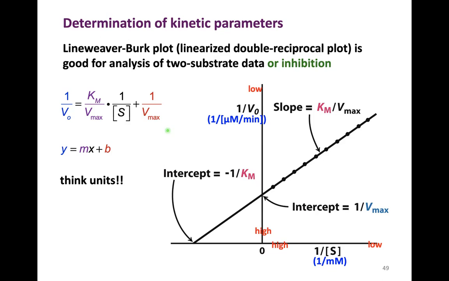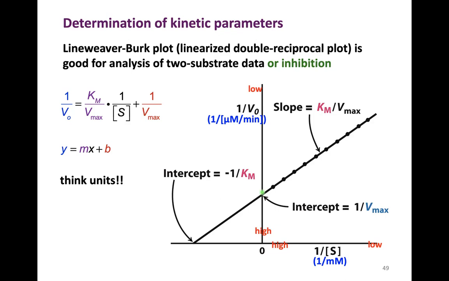And if you are assaying your enzyme in the presence and absence of various concentrations of an inhibitor, the slope and the intercepts, as we'll see at the end of this chapter, will also inform you about the type of inhibition. So even though we are in the time of computers, this old school Lineweaver-Burk plot is in fact a useful tool.